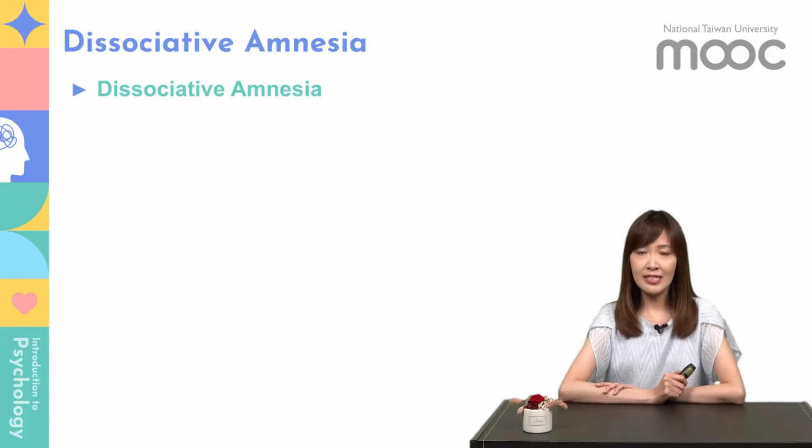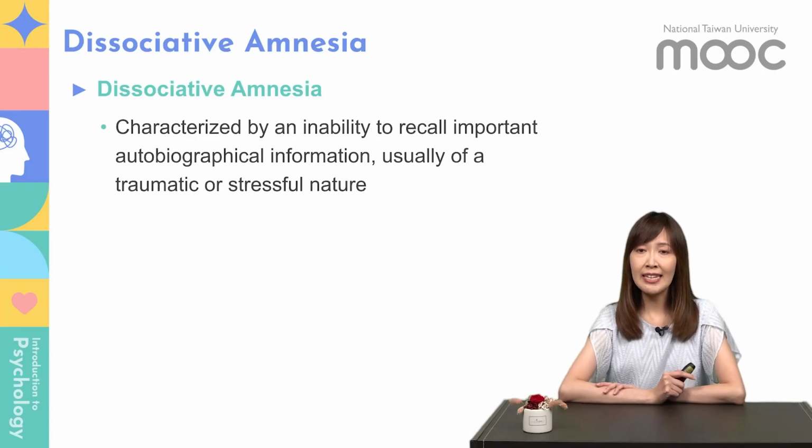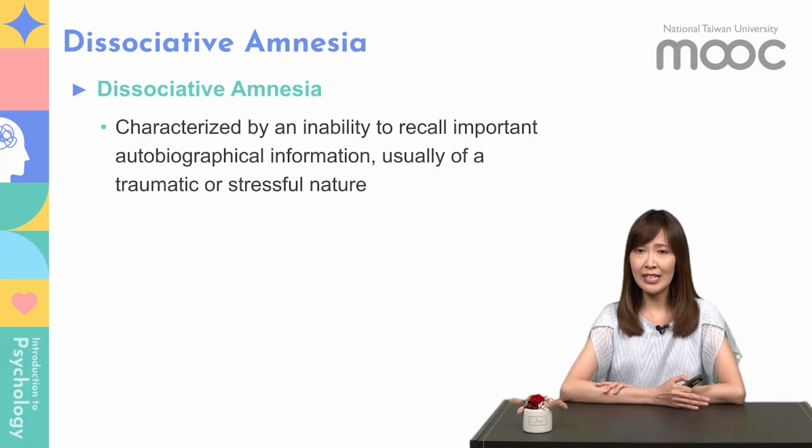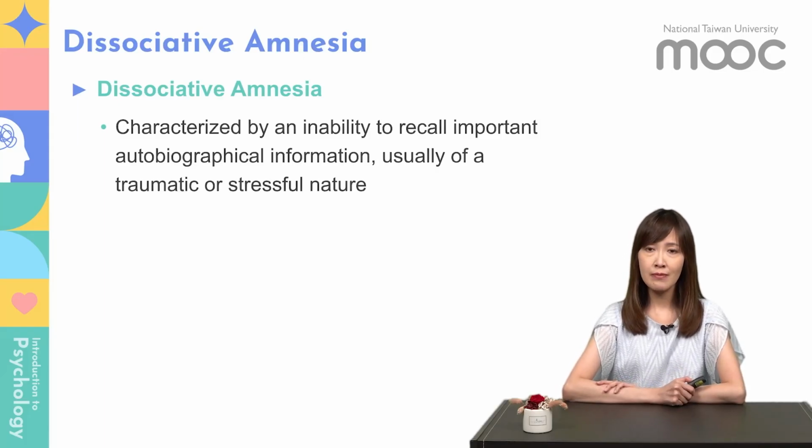The first dissociative disorder we're going to look at is dissociative amnesia. It refers to the inability to recall the personal information surrounding a traumatic event. So it's not like forgetting where you put your keys or where you park your car. It's more like forgetting the entire event, the people, and your personal information surrounding that traumatic event.